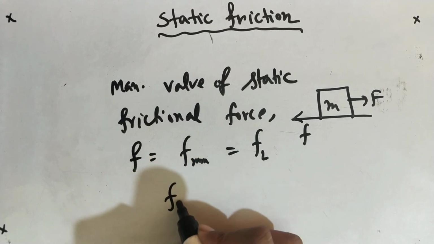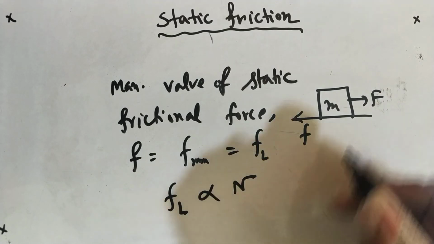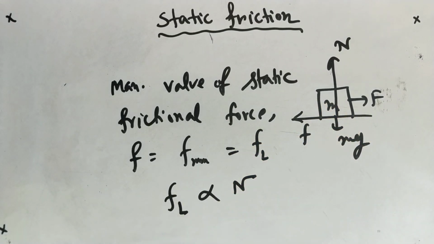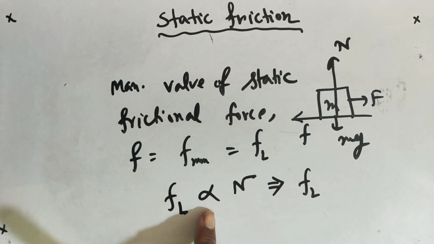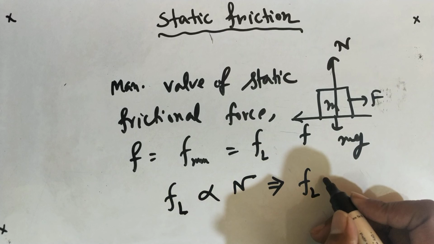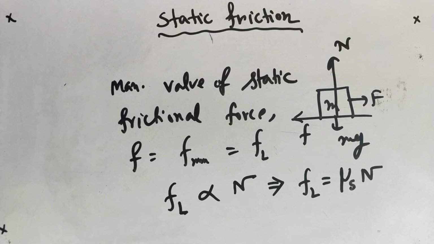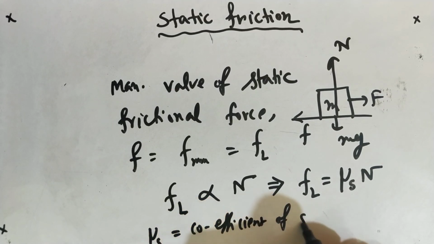The limiting frictional force will depend on the normal reaction. If N is the normal reaction and this is mg, then the limiting frictional force is proportional to the normal reaction. Now if you take a constant to avoid the proportionality sign, it will be mu into N, and that mu s is the coefficient of static friction.